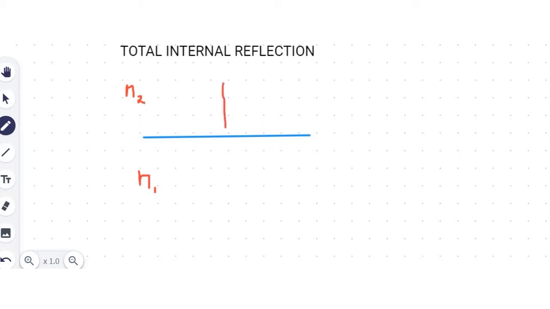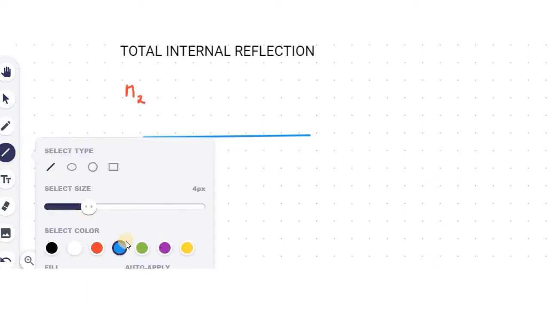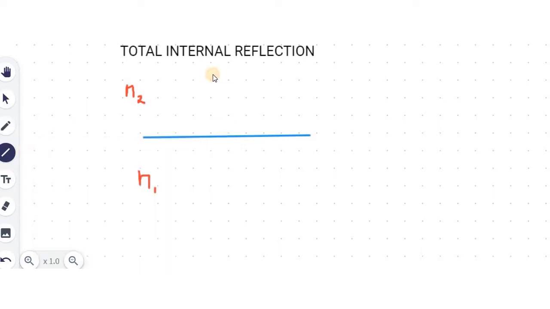Suppose I'm drawing a straight line. The straight line drawn is the normal. And suppose we are having an incident ray.